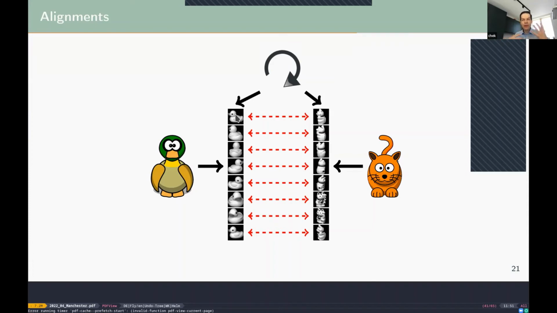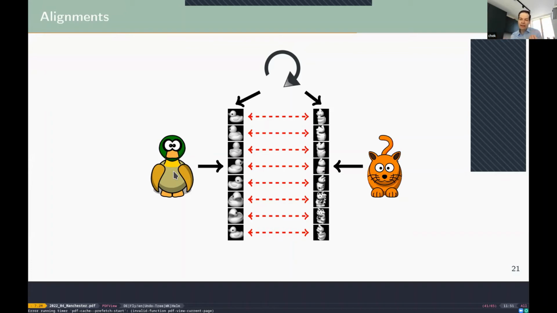So now what you can think about is in different ways like this. You can think about the semantic that the duck and the cat explains away the variations to make a latent variable that contains the remaining thing that's shared.